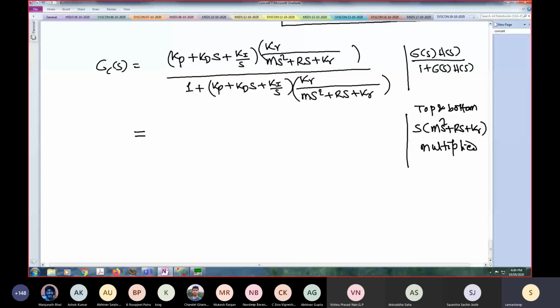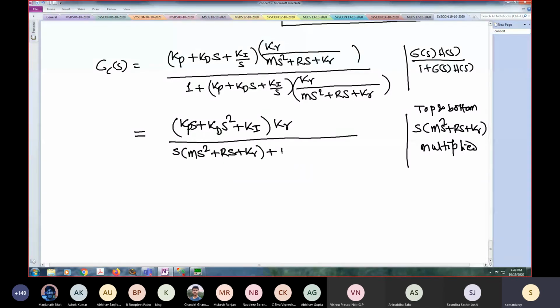If we do that, we get Kp S plus Kd S square plus Ki into Kr, divided by S into Ms square plus Rs plus Kr, that is the multiplier, plus Kp S plus Kd S square plus Ki into Kr.